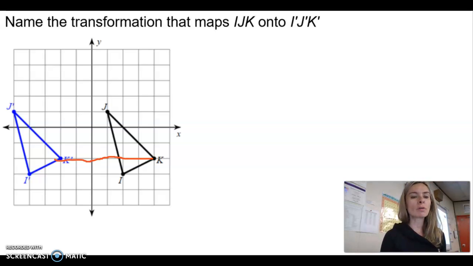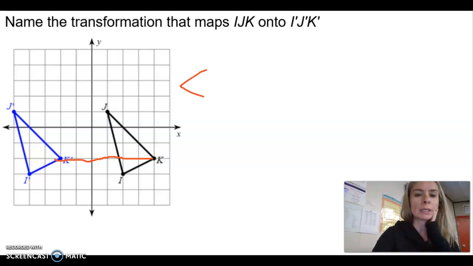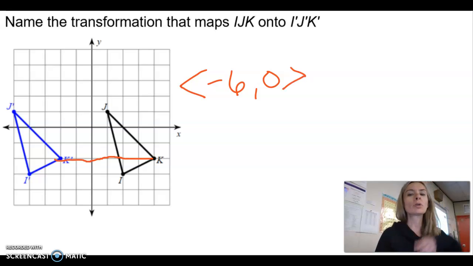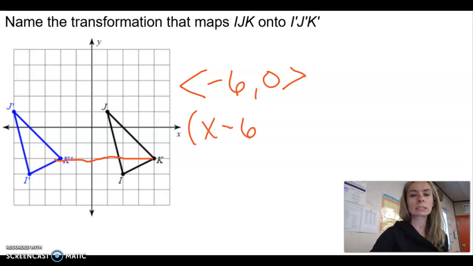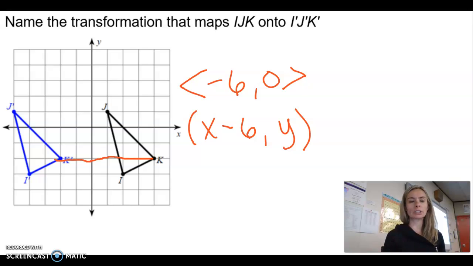Does the shape move up or down? No? Okay. So in vector form, this will be -6 and 0 because there's no vertical change. And in coordinate notation, we would write it as x minus 6 and y.